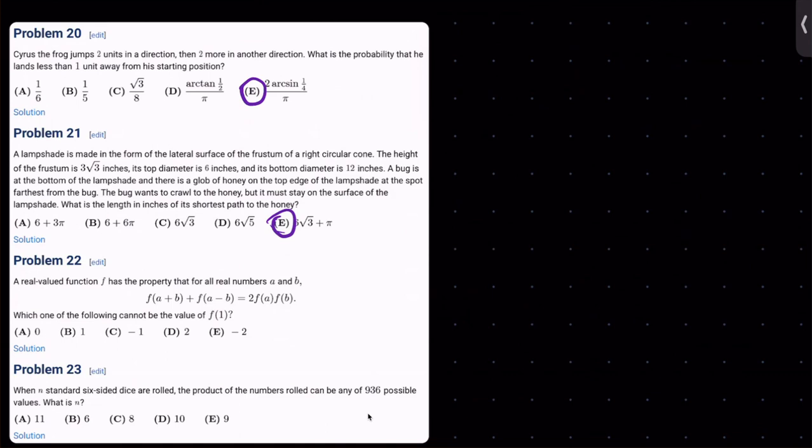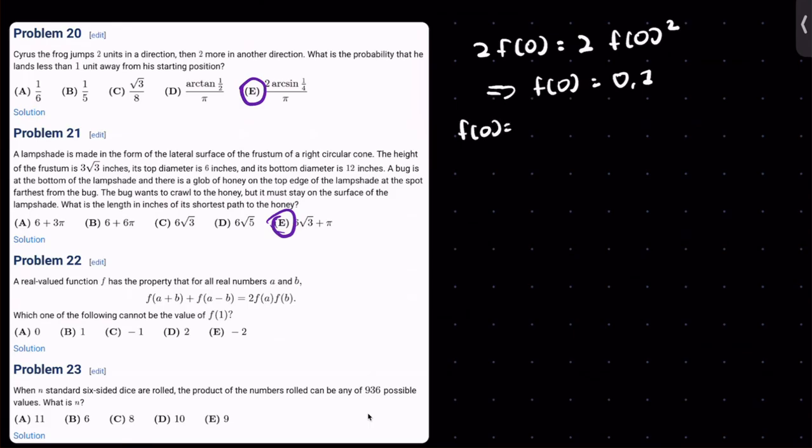Okay, so first, when we see functional equations, let's always try to plug in a and b both equal to 0. That gives us 2 f of 0 is equal to 2 f of 0 squared. This implies that f of 0 is either equal to 0 or 1. So let's first consider the case when f of 0 is equal to 0. Let's call this case 1.